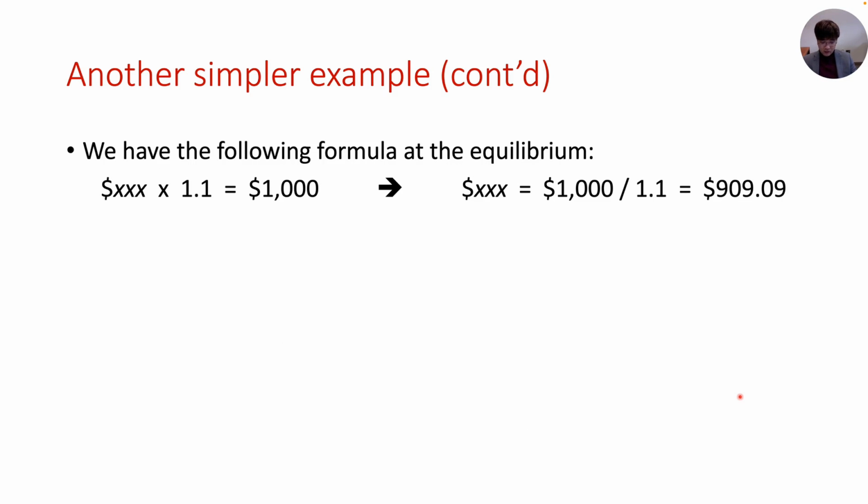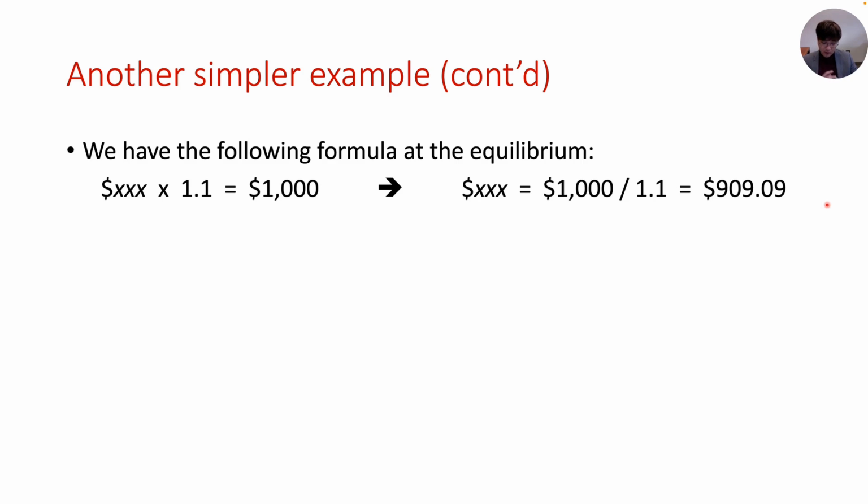So, we may find the equilibrium using the following formula. At the equilibrium, your investment of the money received today, which equals the amount of money received times 1.1, makes $1,000 next year. With simple math, the amount is given by $1,000 divided by 1.1, which equals 909.09.